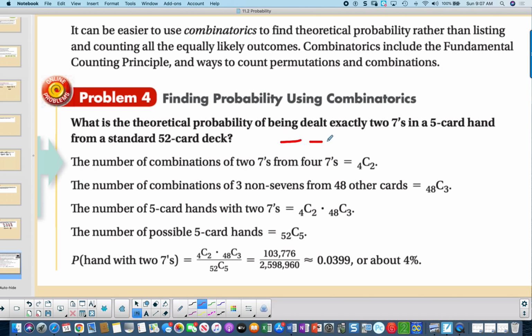So 1, 2, 3, 4, 5. Okay, and we want to get exactly 2. So we want 2 of these to be 7s. So that's going to be a combination of 4 chosen 2, because there are 4 7s in a deck.